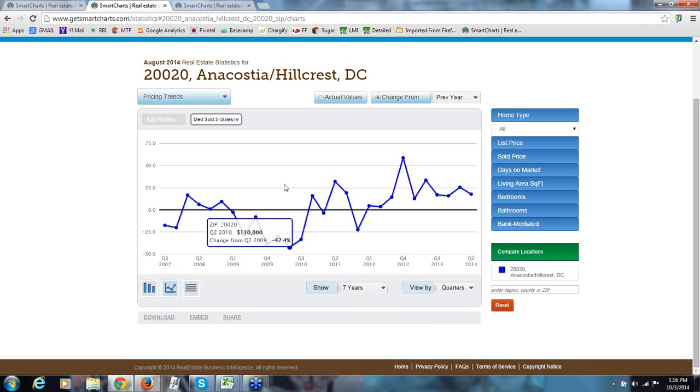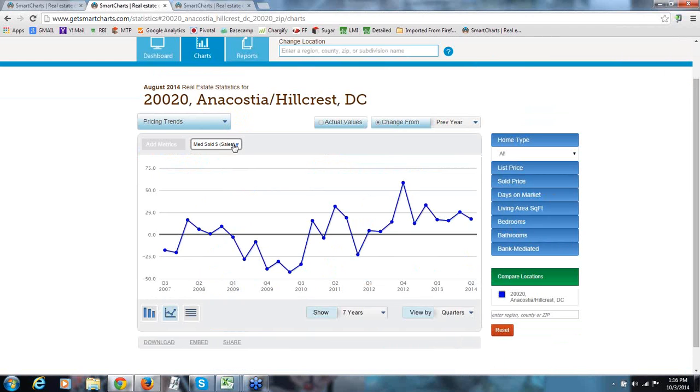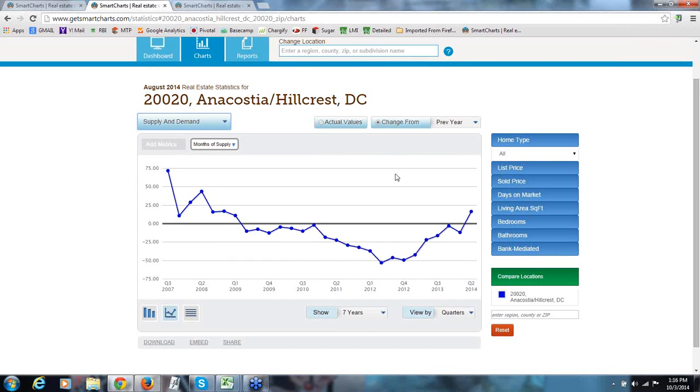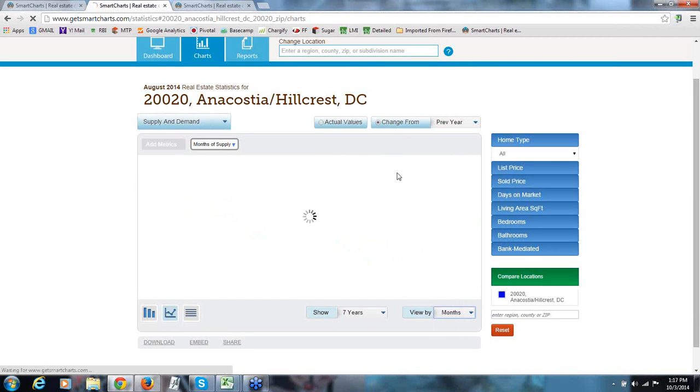So another example of that is if we switch this, so we're looking at months of supply. We'll get back to actual values.